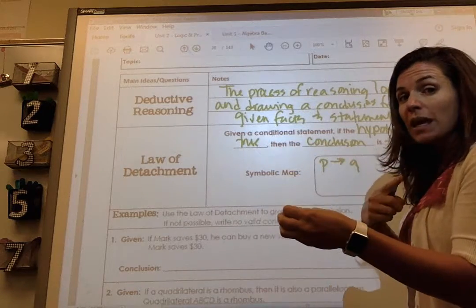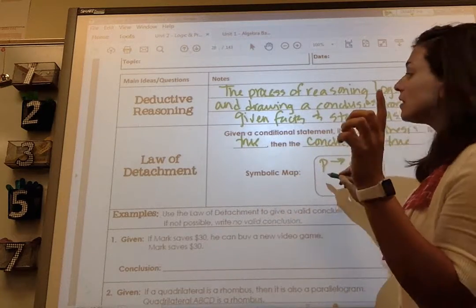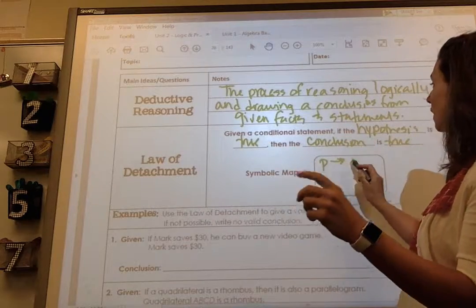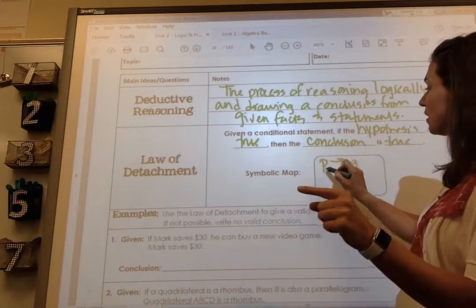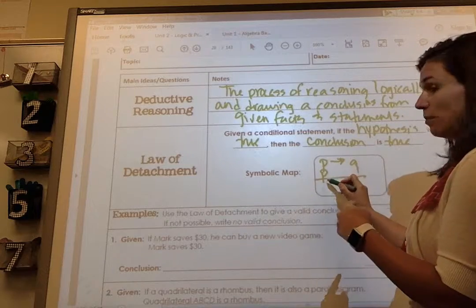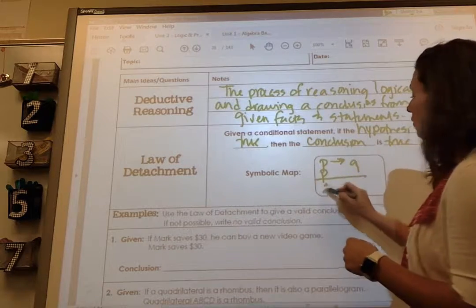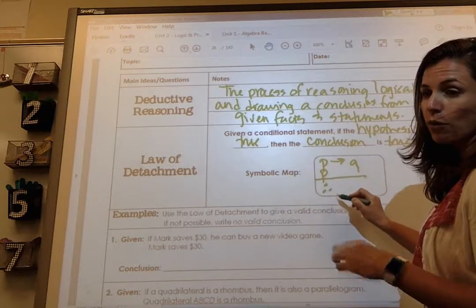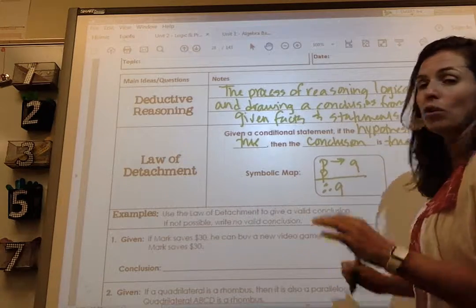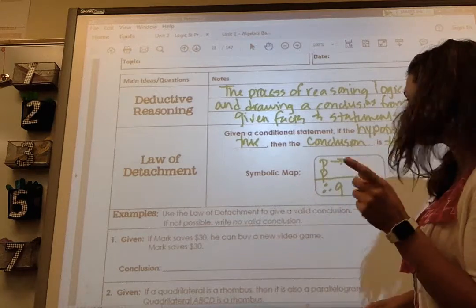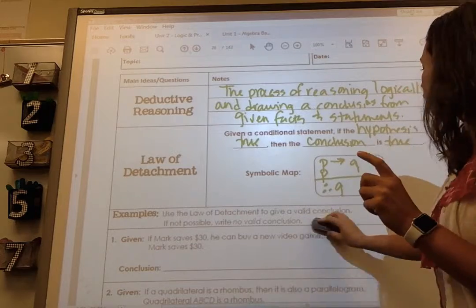So before we were making our own assumptions, but now the law of detachment says if P, then Q, if your hypothesis P is true, therefore, these three dots mean therefore, then Q has to be true. Okay, so let's look at some examples of what that would look like.